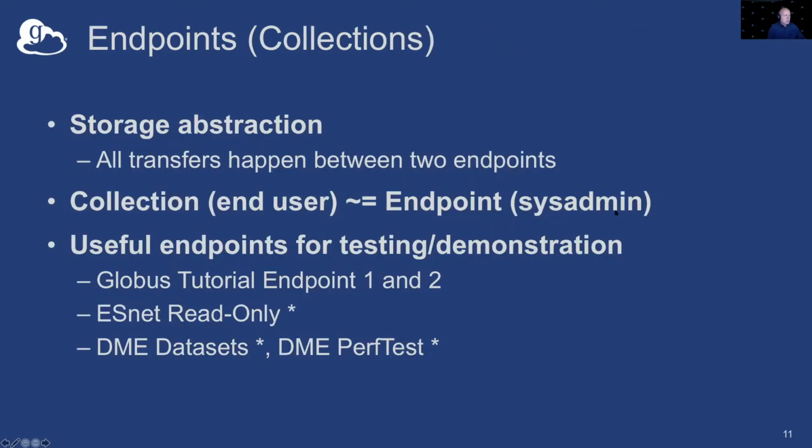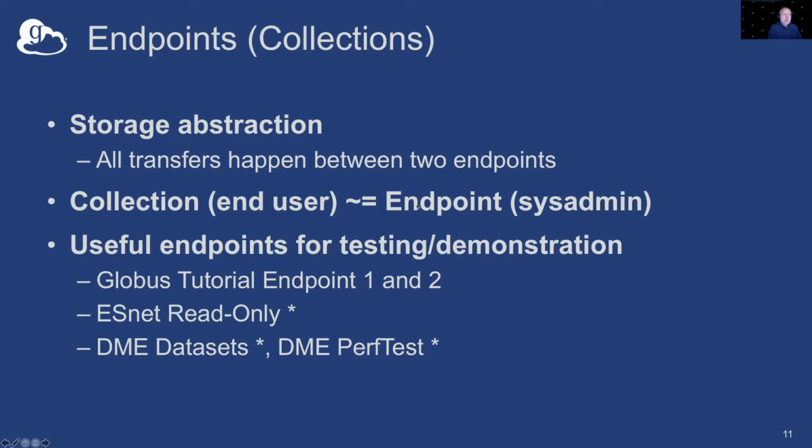And so what are these endpoints? You can think of this as something that abstracts your storage. In other words, it takes a storage system, and it can be a storage system of practically any type, and it makes it visible, accessible via Globus. And you'll hear Leon and I talk about things called collections and endpoints.